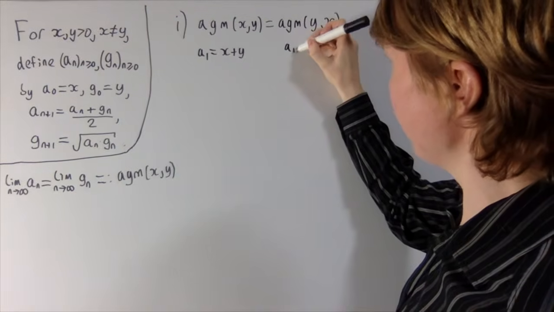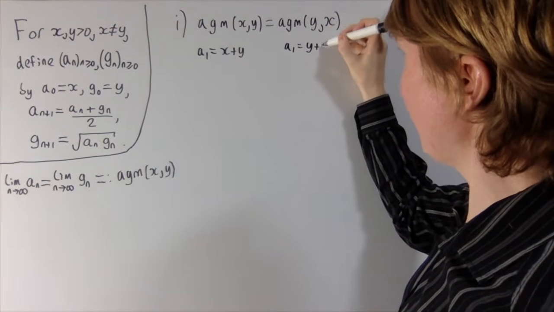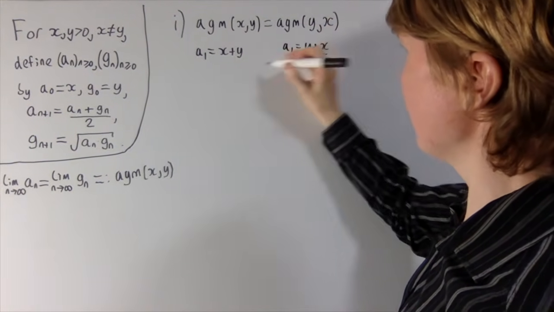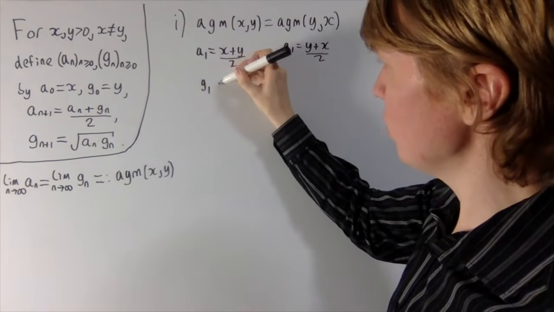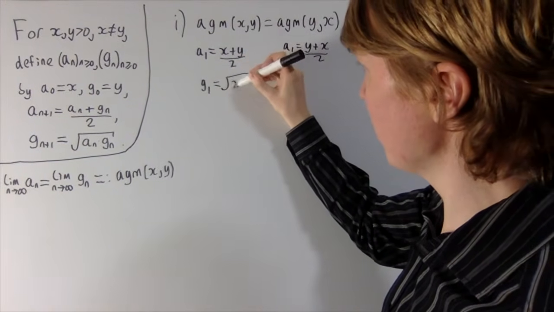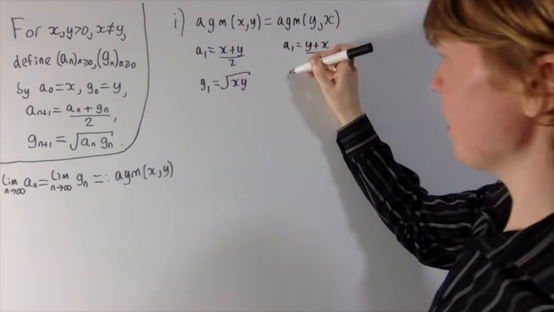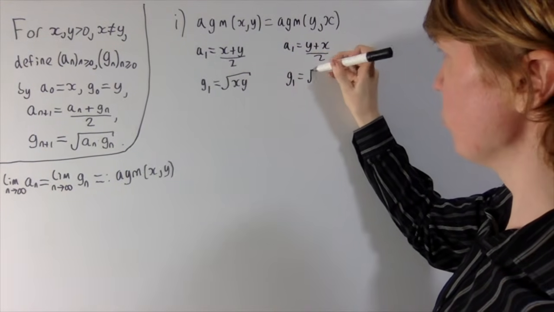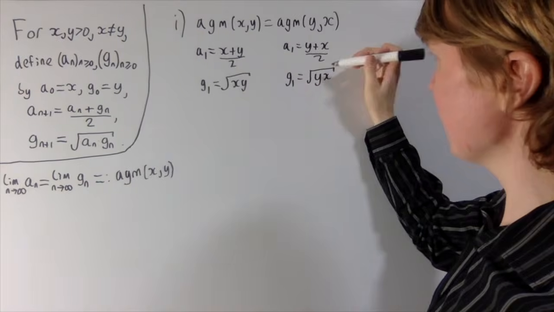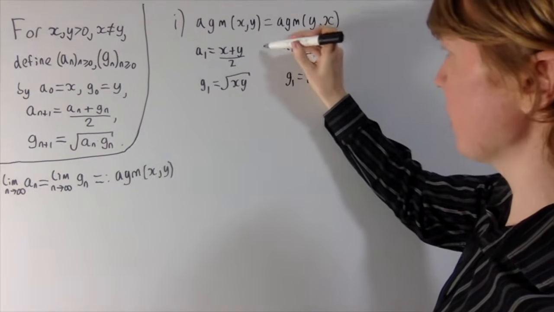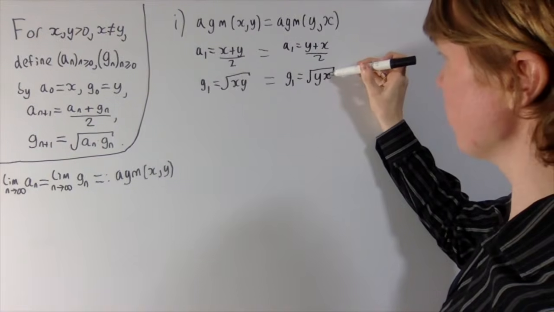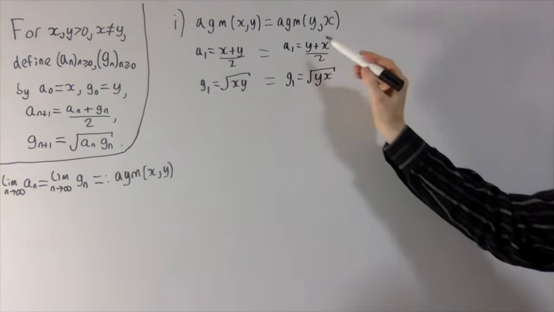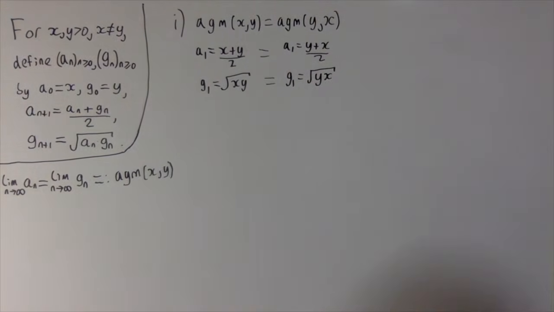Here, A1 would be equal to (y plus x) over 2. And here, G1 would be equal to root xy, whereas here, G1 would be equal to root yx. Of course, x plus y and y plus x are equal. Here, root xy and root yx are also equal. So this is symmetric. It doesn't matter which way round you have your x and y.